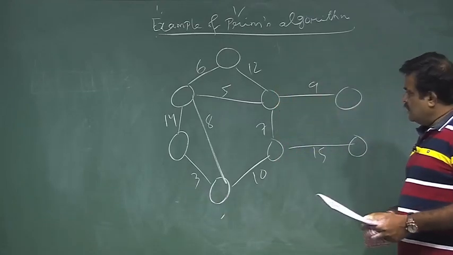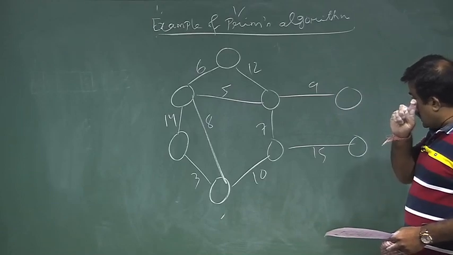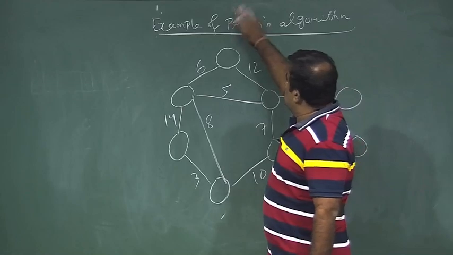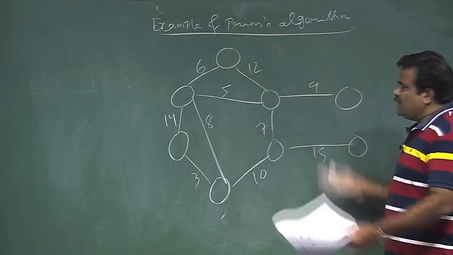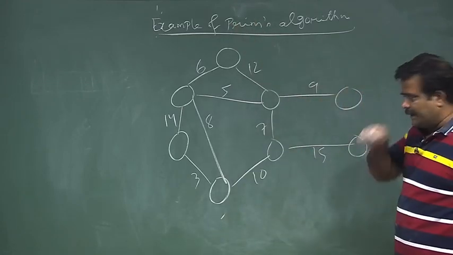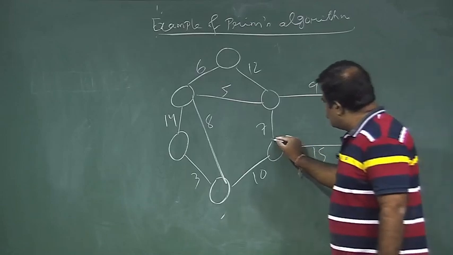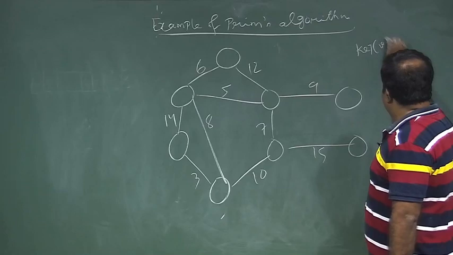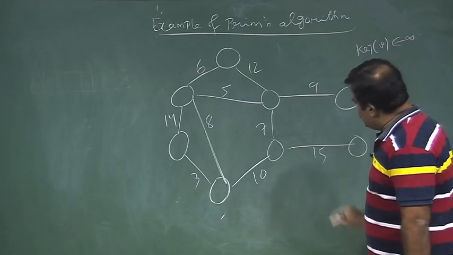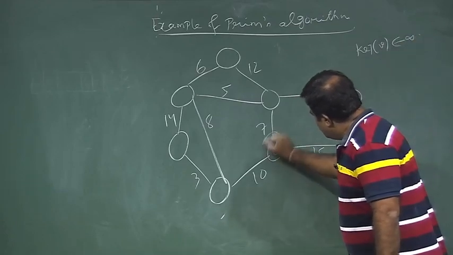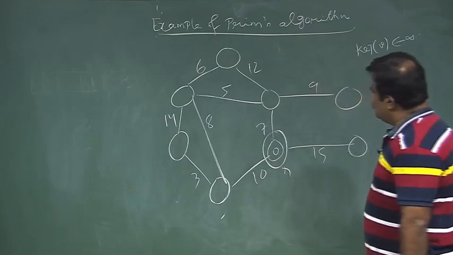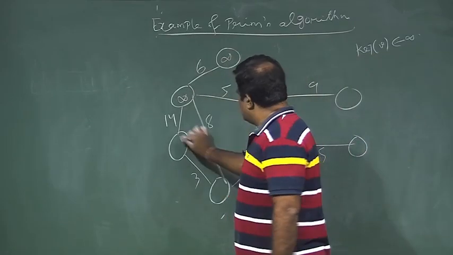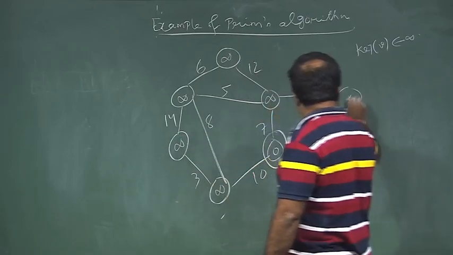This is the input graph, we want to execute Prim's algorithm. So, we put everything into the priority queue, it could be a simple array. We put every key value, key of v, to be infinity except some starting vertex. Suppose this is the starting vertex s, and we put everything else to be infinity, the key value, because nothing has been explored. This is the initialization.